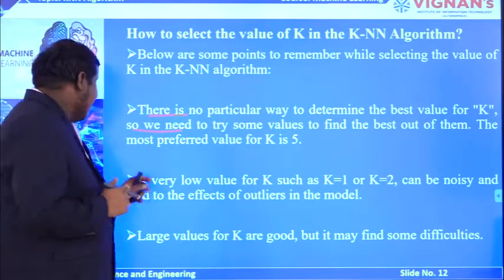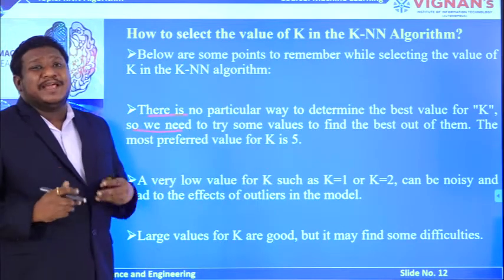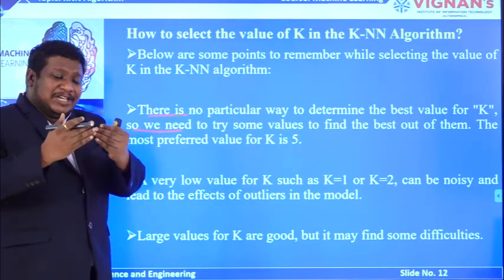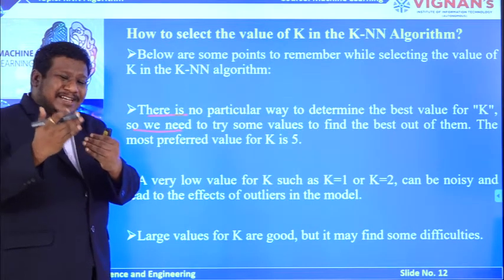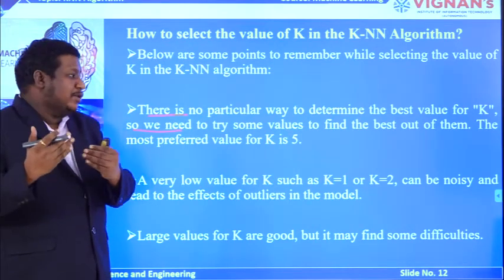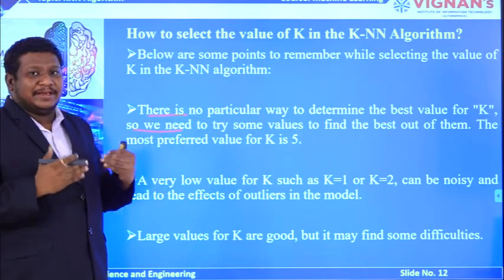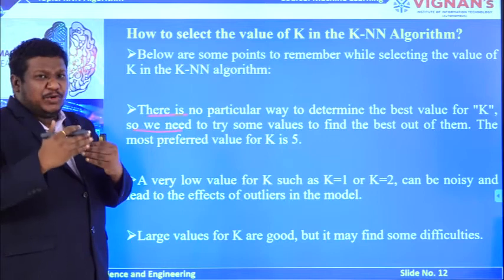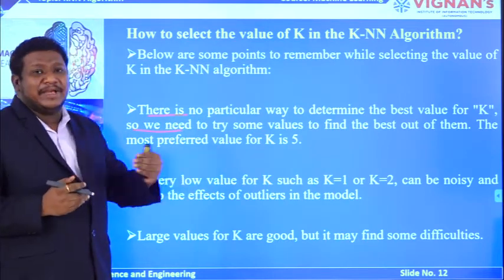Because a very low value for k, such as k equal to 1 or 2, can be a noisy value. That means the distance will be very minimal between the new point and the actual set, so that will be a noise-raising point. To maintain a little more distance between the actual category and the new data point, we take the k value as 5.